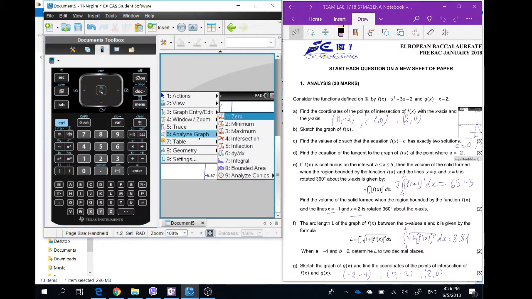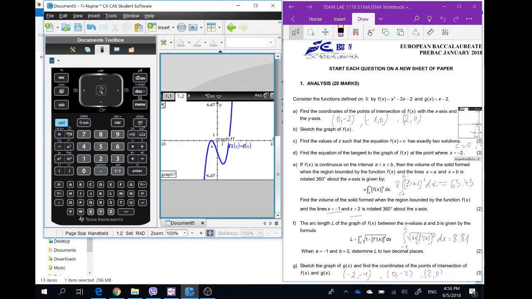Menu, analyze graph, intersection. We select the graph and we select the, here it's written second graph, so if I click here it doesn't work. So either I need an x equals 0, a y equals 0 as the x-axis, or something else, but I really need a second graph.